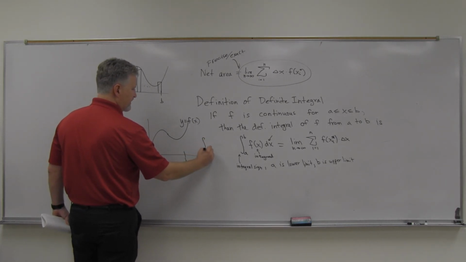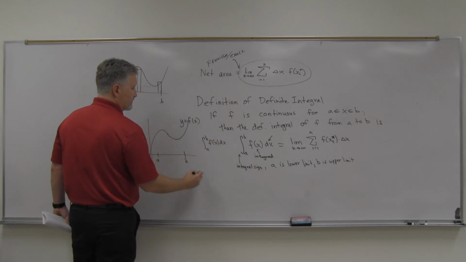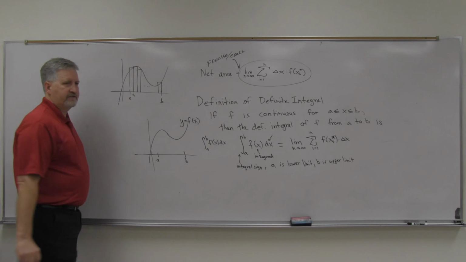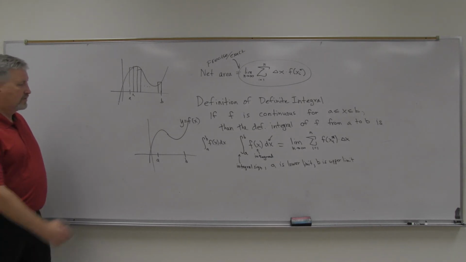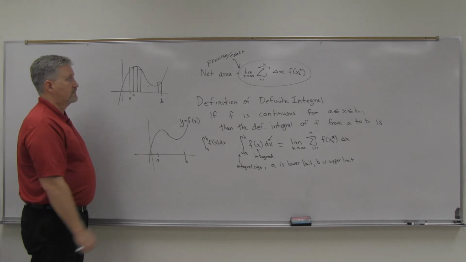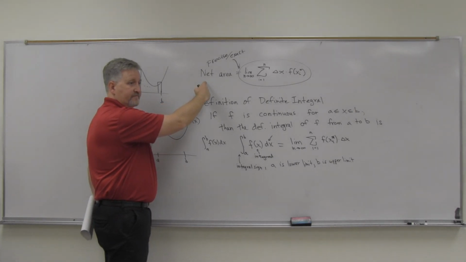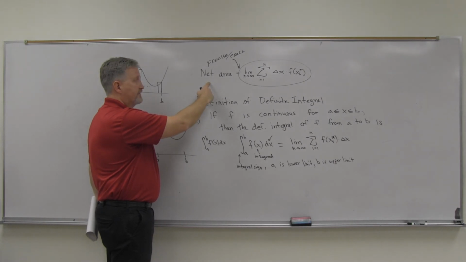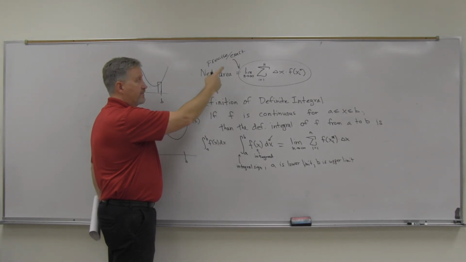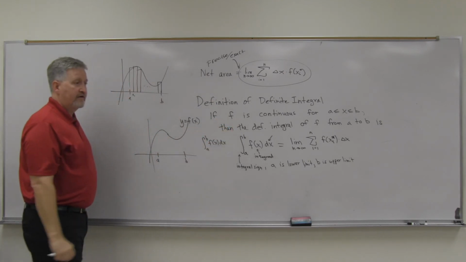And I ask you to label this quantity here, this expression. What does that represent over here on the graph? It's that, isn't it? It's the net area under the curve, between the curve and the x-axis, however you want to say it.